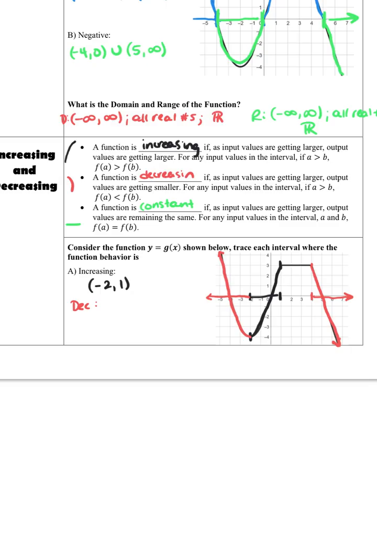So it's decreasing from negative infinity to -2, and from 4 to positive infinity. And then where is it constant? It's constant here. So from here to here, from 1 to 4, it's constant. Okay? Sorry, I know this is a lot.